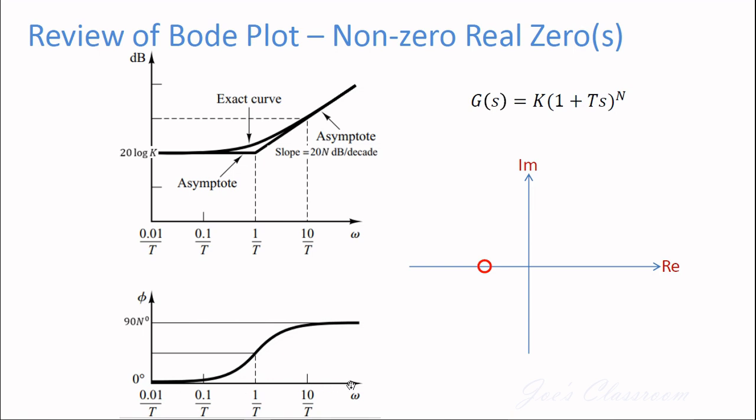So we have seen systems with poles either at the origin or the real axis, or zeros at the origin and the real axis.